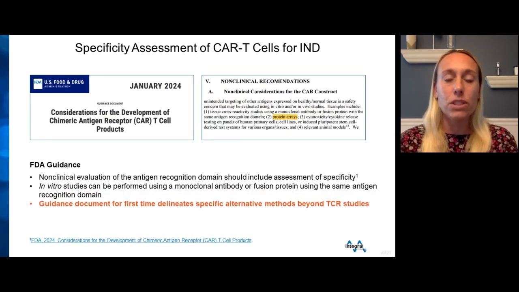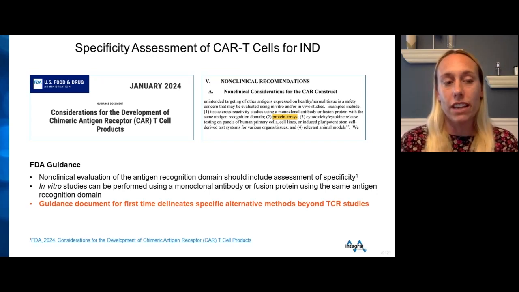And recently, there's been some new developments in how the FDA thinks about specificity profiling and the assays that they recommend. So in January of this year, they put out a new guidance document for development of CAR T-cell products. Again, it states that non-clinical evaluation of the antigen recognition domain should include assessment of specificity.